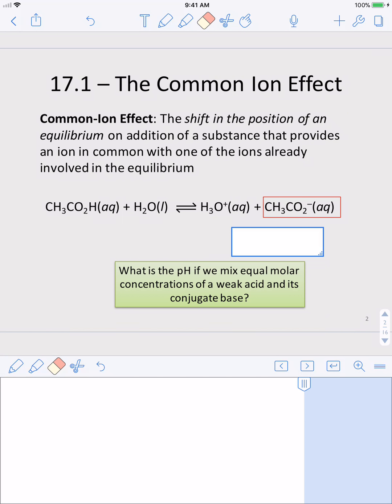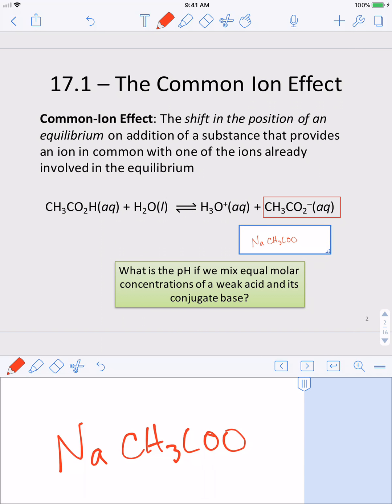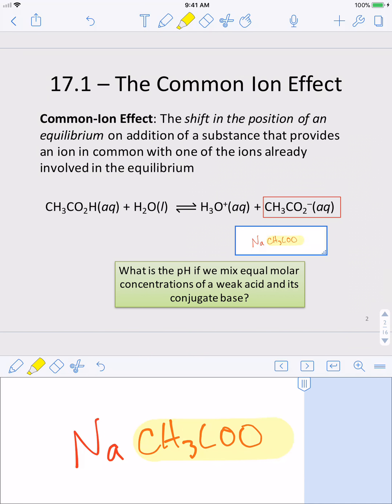Okay, if we were to throw in some, say, sodium acetate, NaCH3COO, we're adding a source of acetate. Right? It didn't come from my equilibria, it just came from the sodium acetate salt. And so in the common ion effect, there's a shift in the position of an equilibrium based on the addition of a substance that provides a common ion with one of the ions already involved in the equilibria.